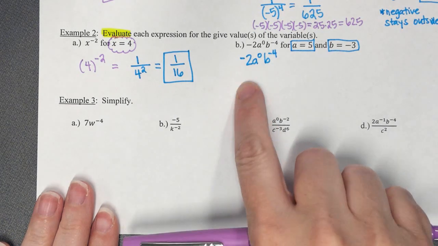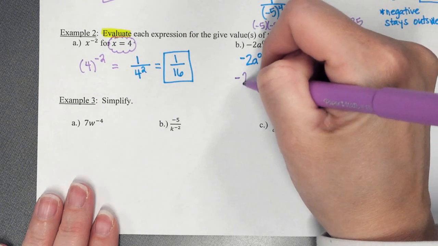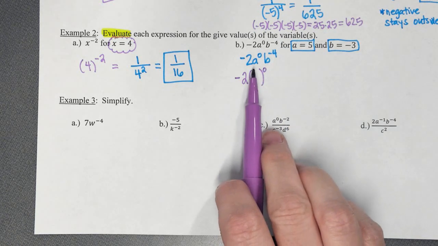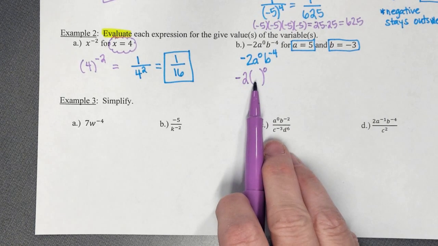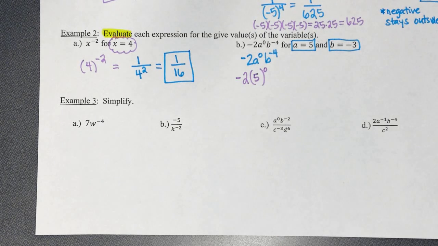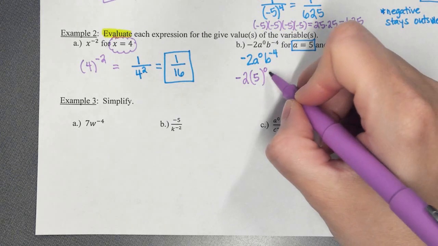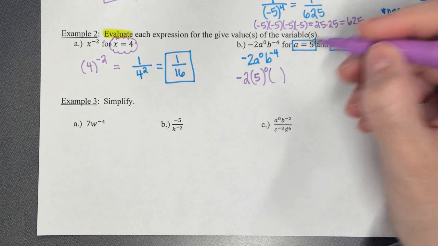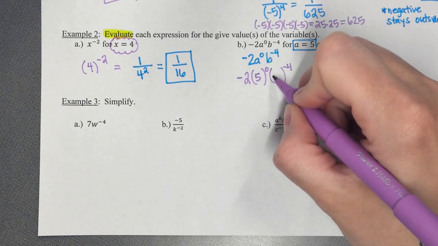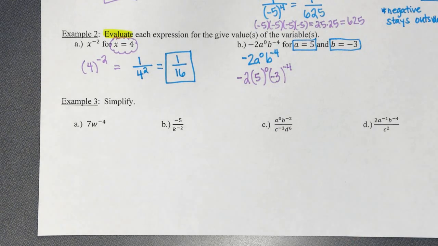Okay, there's nothing to plug in for negative 2, so that's going to stay. And then if I have A to the 0, what am I plugging in for A here? 5. Okay, and then Erica, what am I going to plug in for B? Negative 3. Yep, so I have negative 3 to the negative 4.